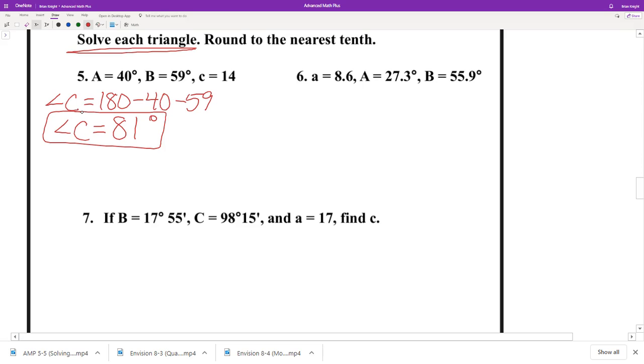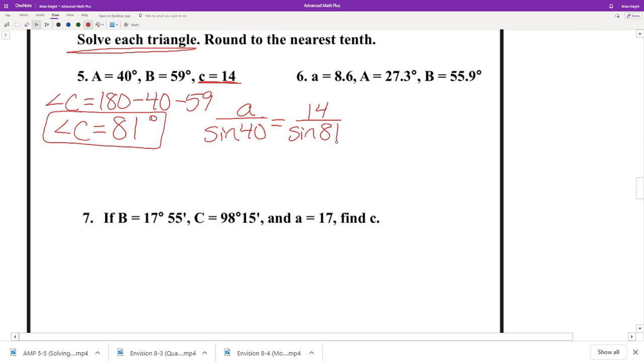So, we're going to take the side and the angle that's opposite that side, and that's what we know. That's what we're going to start with. We're looking for little a and little b. So, a over the sine of angle A, what's angle A? 40, equals c over the sine of angle C. What's little c? 14 over the sine of 81 we just found.